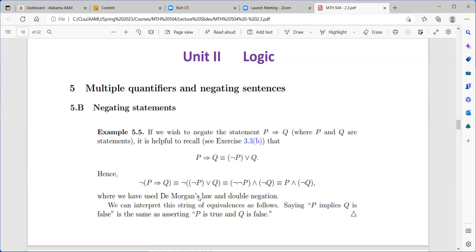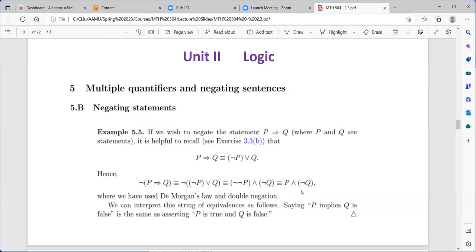And if you try to translate those 2 statements in words, you can say P implies Q is false. So that's the left-hand side, the negation of this conditional statement P implies Q. So it says P implies Q is false, so P does not imply Q, basically. And it's the same as P is true and Q is false.